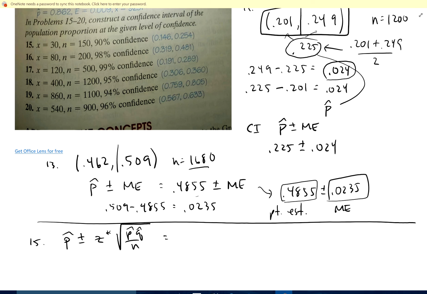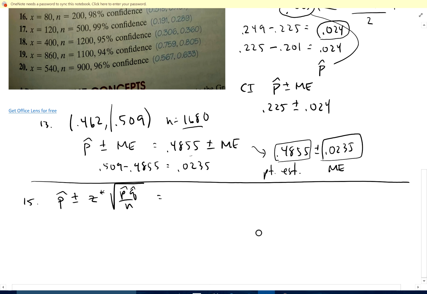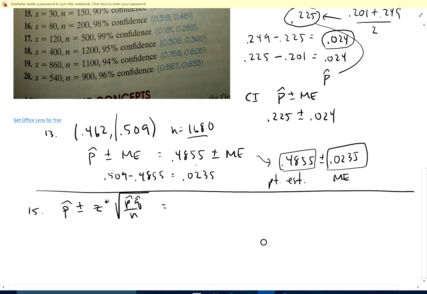okay, so my confidence interval, p hat, what's my sample proportion? Well, it's going to be 30 out of 150 plus or minus, and we want 90% confidence, 1.645, and then the square root of, well, what is p hat?